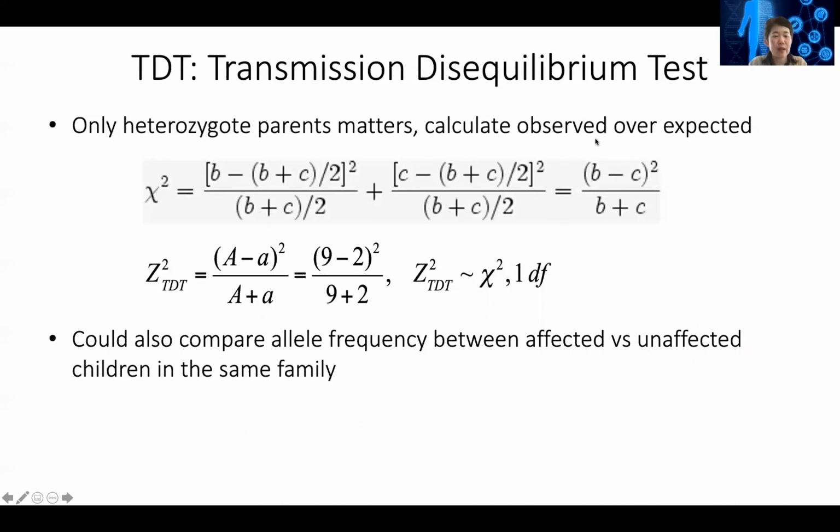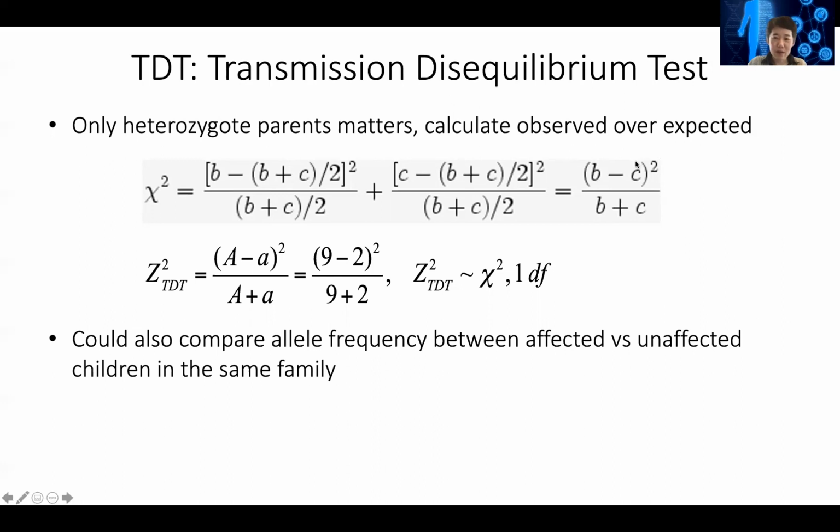We use this TDT, or the transmission disequilibrium test, to ask, B plus C is all the important transmitted ones. The B minus C squared is how unexpected they are, the difference between the B and C. If there is no difference for this allele, you can see that B and C might be quite even, then there's no information.